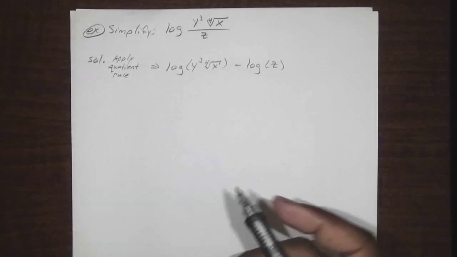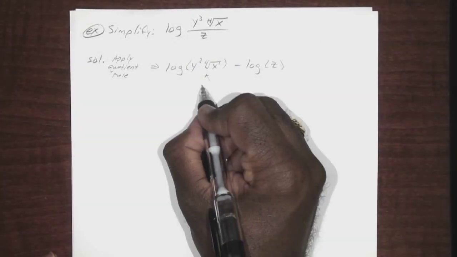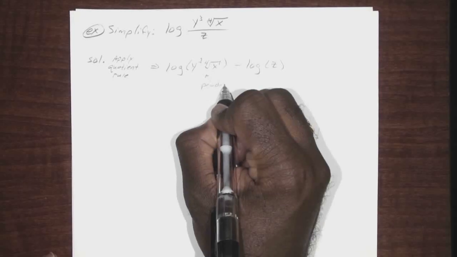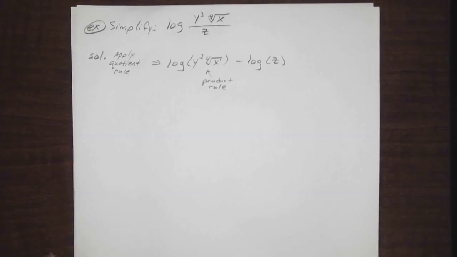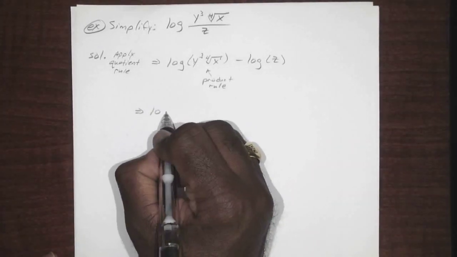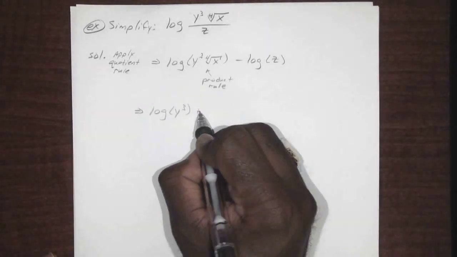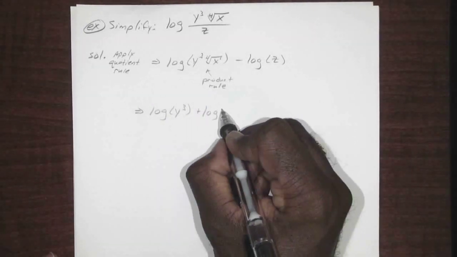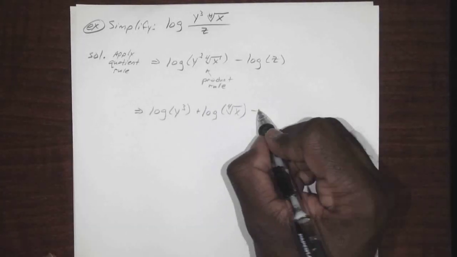Okay. Now you apply the quotient rule, but here you're going to apply the product rule. Okay. So that becomes log of y to the third plus log of the fourth root of x minus your log of z.